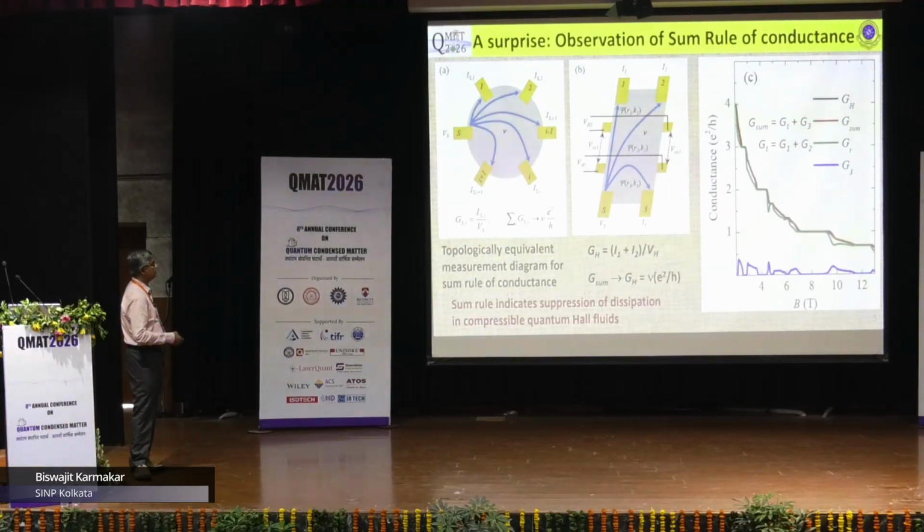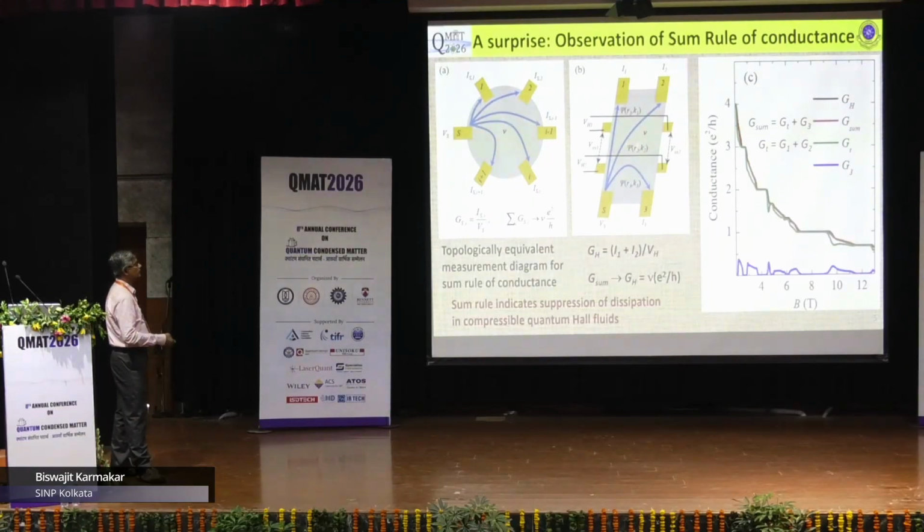Current reaches each and every contact, and this is the current measured. When you measure current, these contacts are virtually grounded. Current divided by voltage is my conductance, and if we sum over these conductances, it is just the Hall conductance. This is how we measure it.